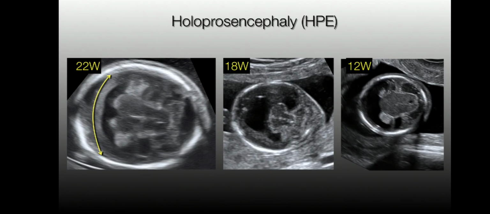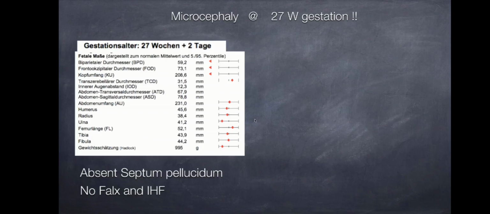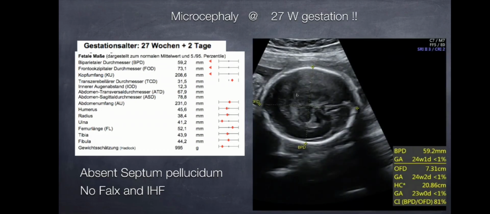This is easy said, but I think many people, when they detect this condition, see it because of a lot of fluid. If you see such a case, it was 2015, I guess, referred because of microcephaly, and if you look at the head here, you see that there is an alobar holoprosencephaly.